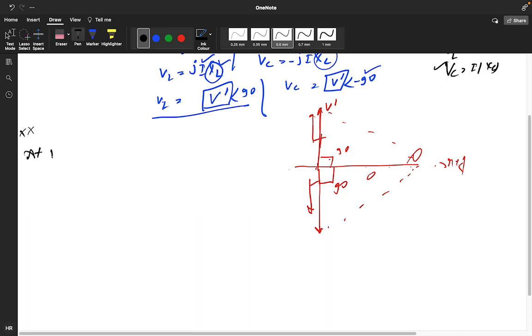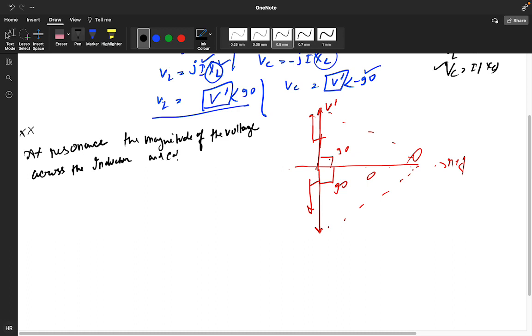At resonance, the magnitude of the voltage across the inductor and capacitor is equal, and it can be greater than the applied source voltage. I will show you how.